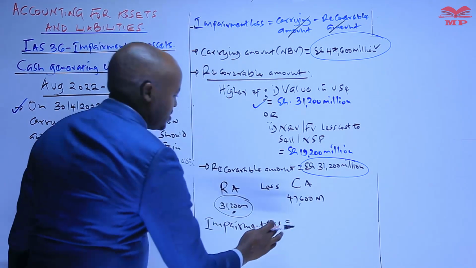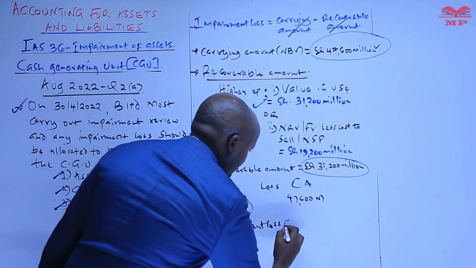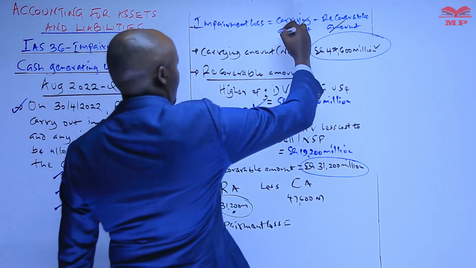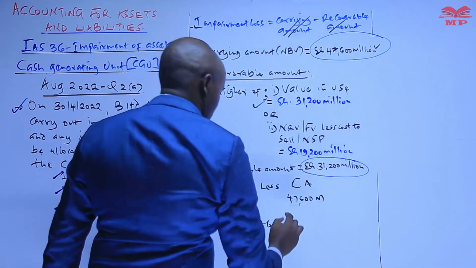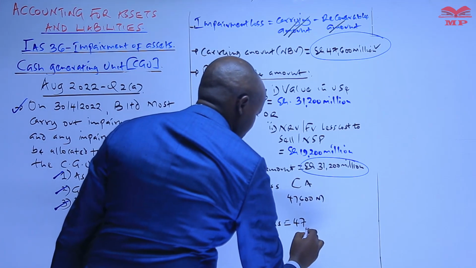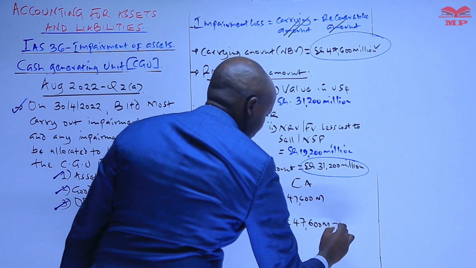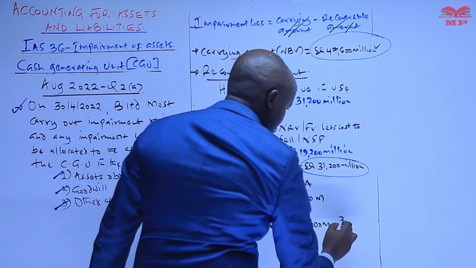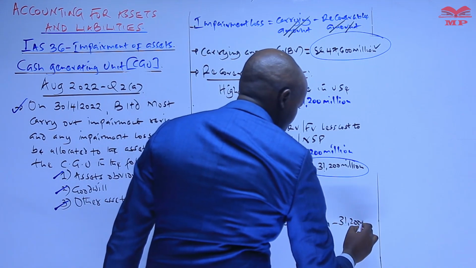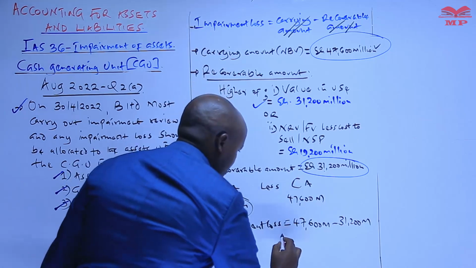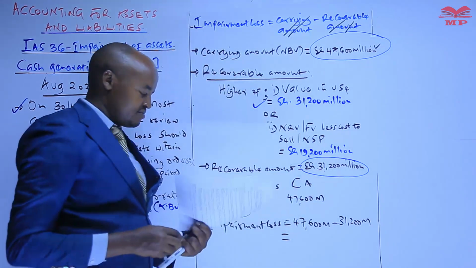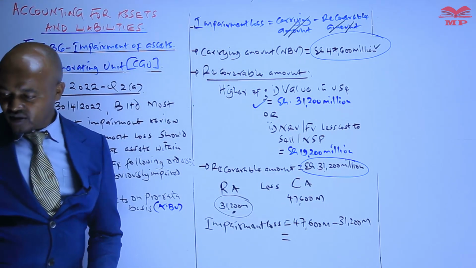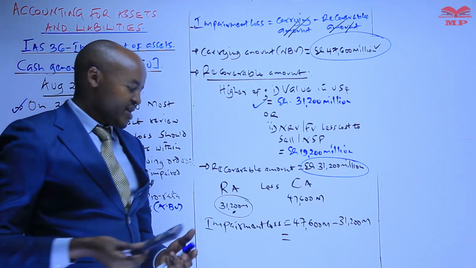The impairment loss, we use our formula up here. We take the carrying amount, which is 47,600 million, minus the recoverable amount, which we already have here, 31,200 million. So we get the difference here, which will be the impairment loss.